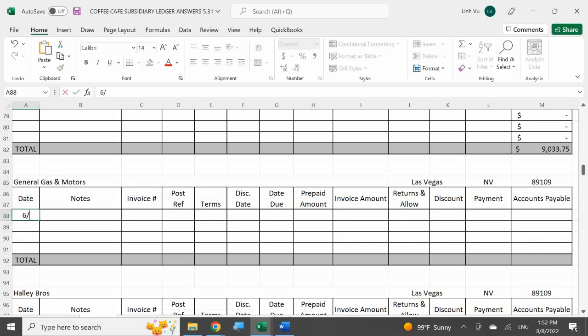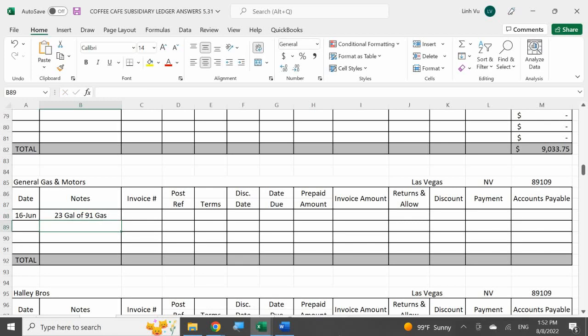So today's the 16th. We purchased gas, right? 23 gallons of 91 octane, 91 gas.